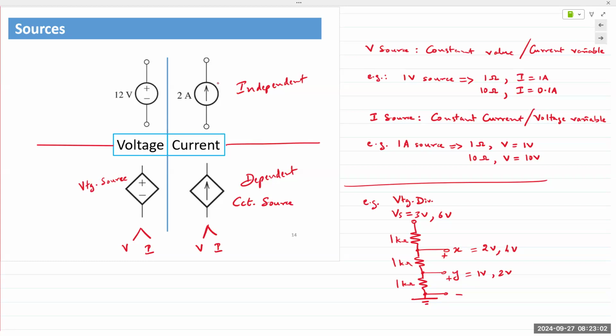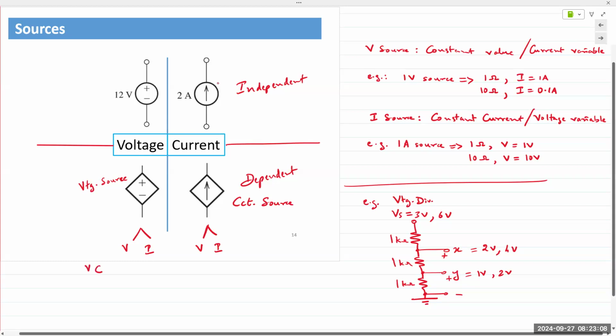So this on the left would be classified as a voltage controlled voltage source or a current controlled voltage source. And this would be a voltage controlled current source. And this would be a current controlled current source.